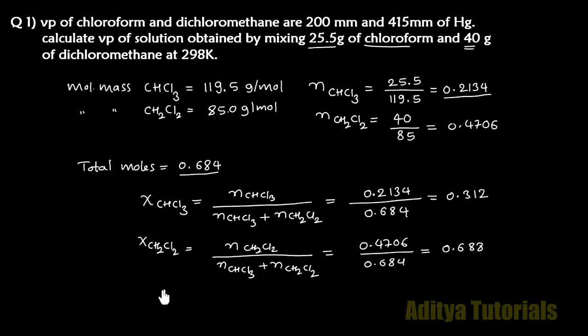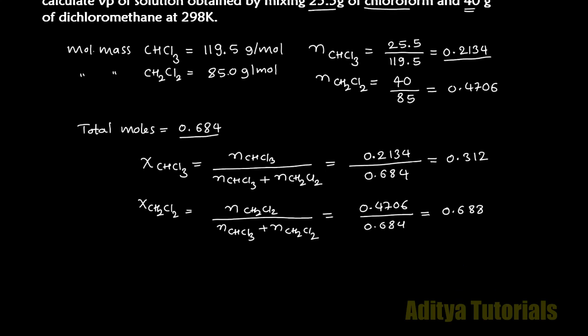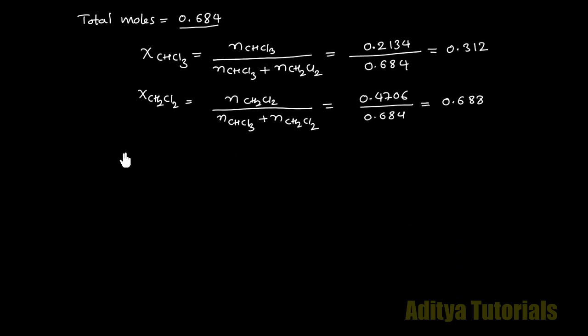Okay, then the pressure. The pressure P is equal to P naught of CHCl3 into mole fraction of CHCl3 plus P naught of CH2Cl2 and mole fraction of CH2Cl2, and then we have the given values.